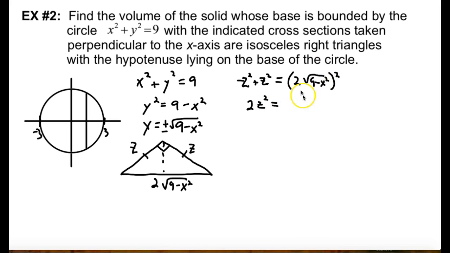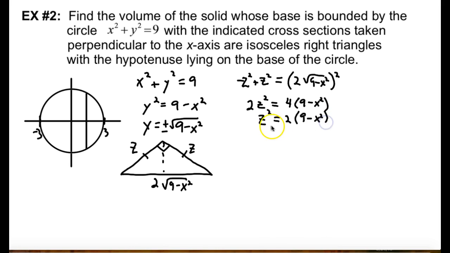And then this side we would end up with 4 times 9 minus x squared. If I'm squaring a square root, that will just cancel out. Then I could divide by 2 and get z squared equals 2 times 9 minus x squared.